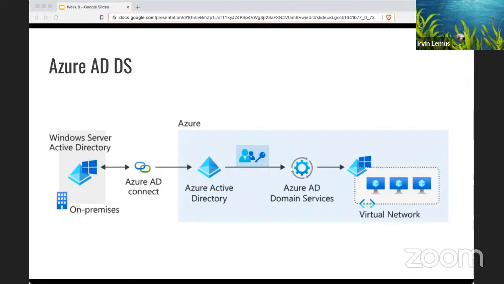The steps for something like this are the organization will deploy its apps and servers in a virtual network on Azure. Azure AD Connect will sync the identity information between on-premise Active Directory and Azure AD. The company will enable AD DS on their Azure AD tenant. Then the apps and servers in Azure can use features like domain joining and Kerberos authentication.